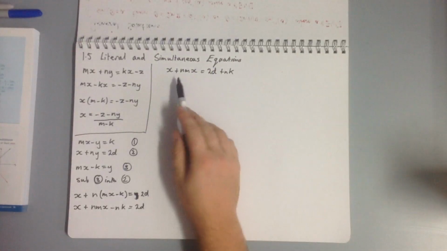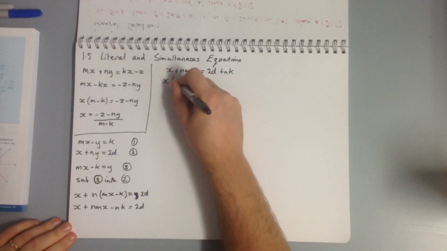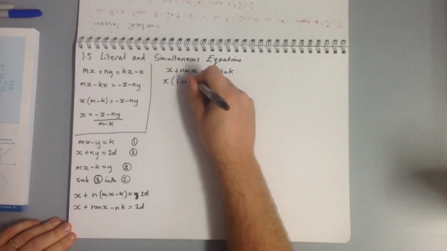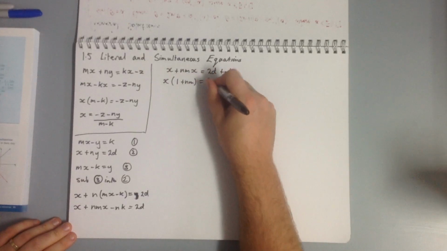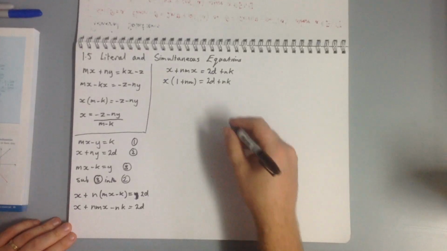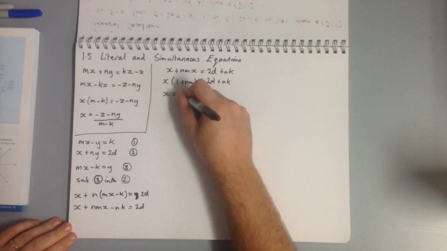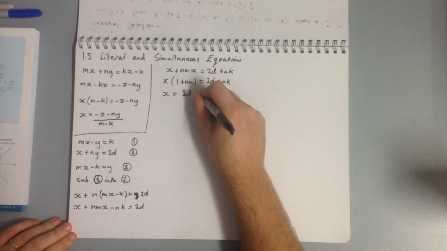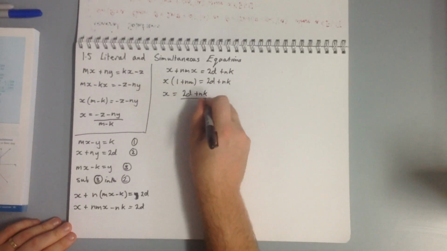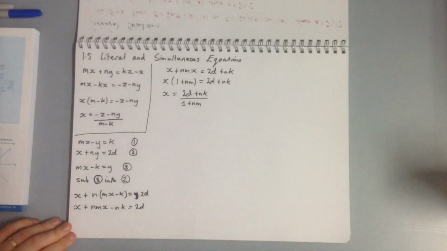Here we want to take out x as a common factor, so that we've got x outside of 1 plus nm equals 2d plus nk. Then we can say x equals 2d plus nk divided by 1 plus nm.